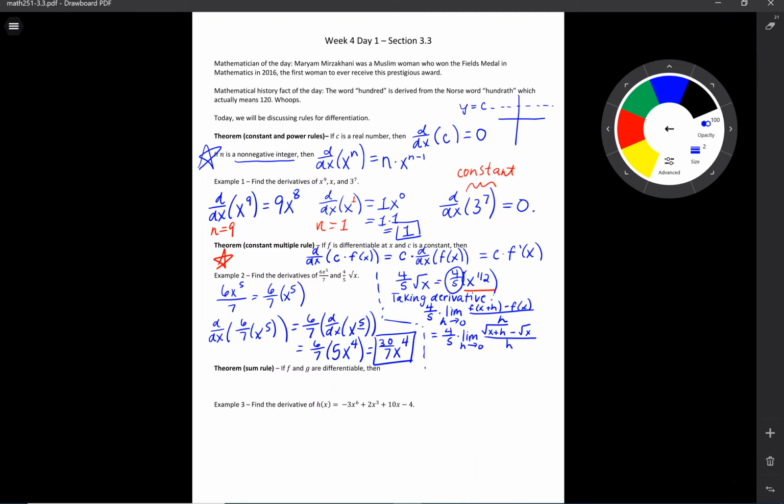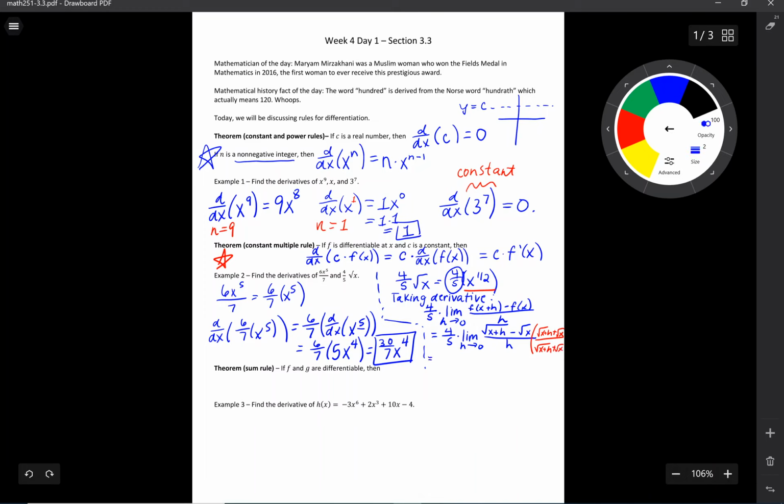Now, in order to simplify this, I'm going to multiply the top and the bottom of this fraction by the conjugate of the top. So I'm going to multiply this by square root of x plus h plus square root of x over square root of x plus h plus square root of x.